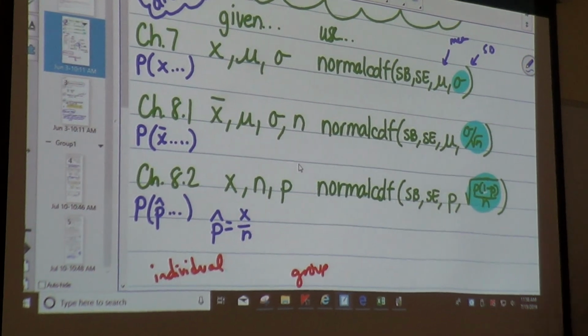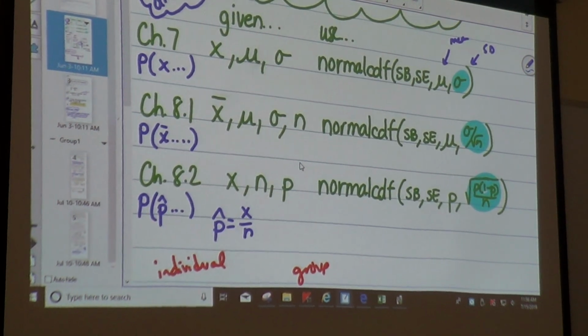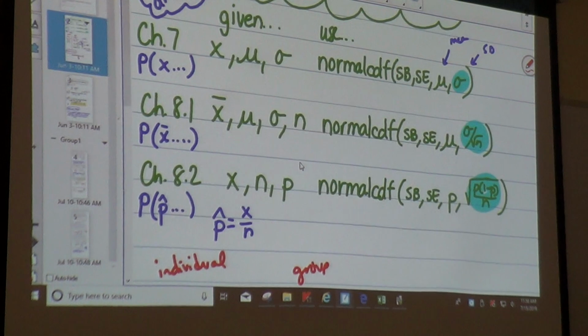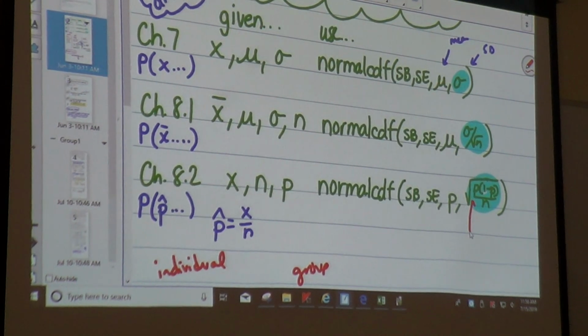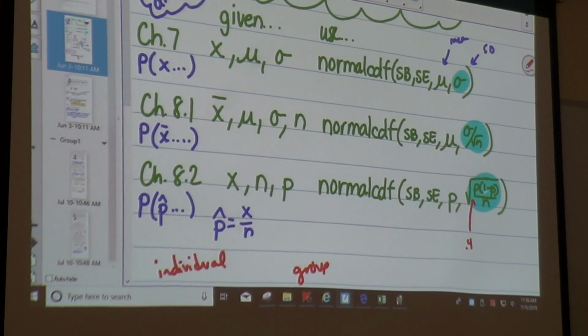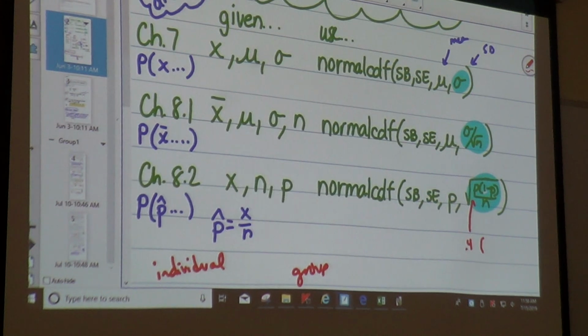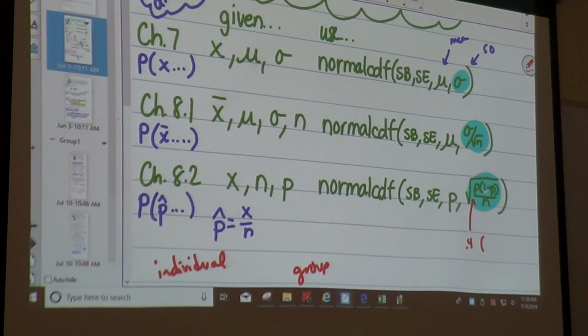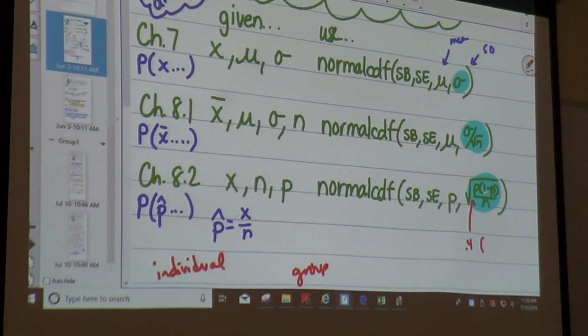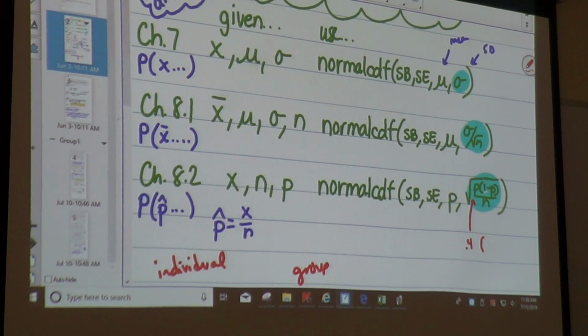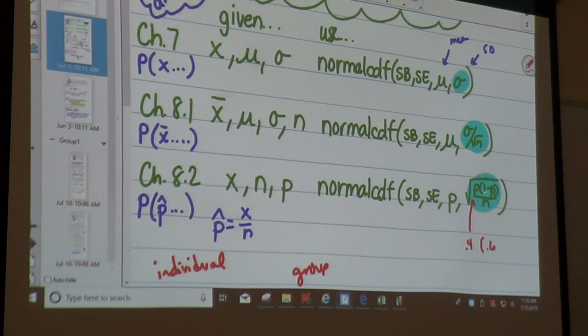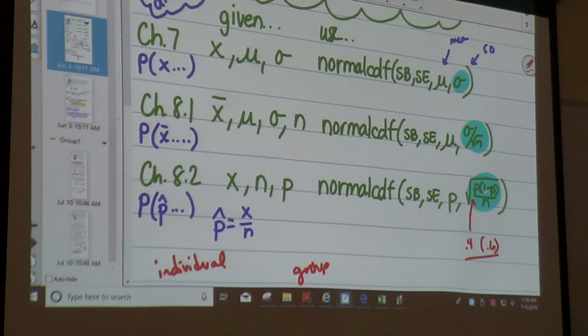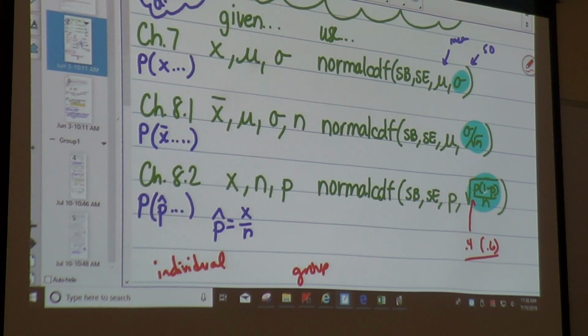Okay? Now, the P and the 1 minus P. For example, if my P was 0.4, my 1 minus P is going to be the complement. So if 40% are pregnant, what is the other percent that's not pregnant? 60. We can write it as 0.40 and 1 minus 0.40 if you want to.